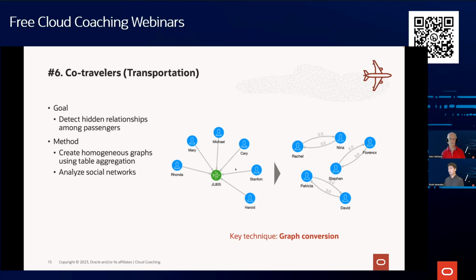Here, this is a bipartite graph with trains and passengers boarded. But we actually want this social network between passengers and passengers. If they boarded the same planes 3 times in a week, maybe they know each other.